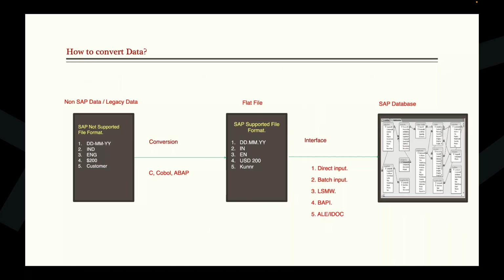That conversion is done by the middleware team, who write the rules and convert to SAP understandable format. This is a one-time activity in a project, and it is not performed by an ABAPer; this is not your role. So now conversion is completed, and the non-SAP data is converted into SAP understandable format.